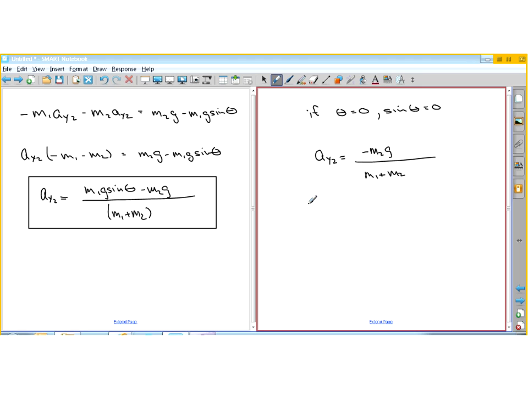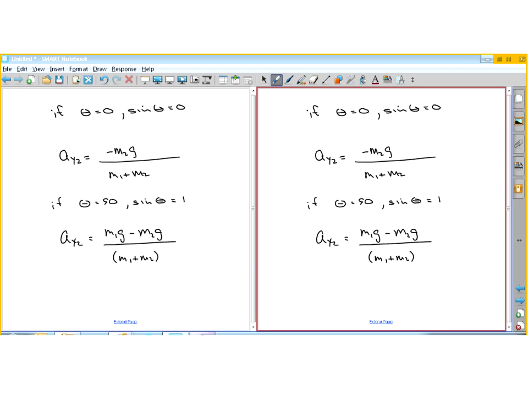We also have the case if theta equals 90 degrees, sine of theta equals 1. In that case, a sub y2 is equal to, well, this becomes 1, so you get m1 g minus m2 g over m1 plus m2.